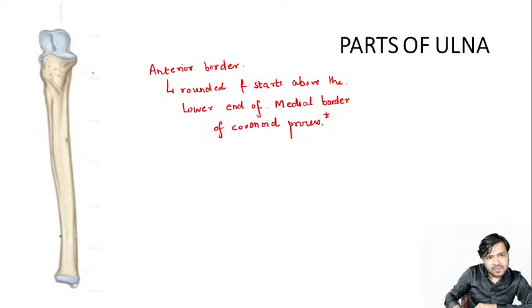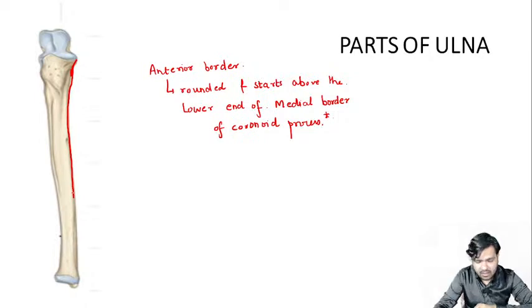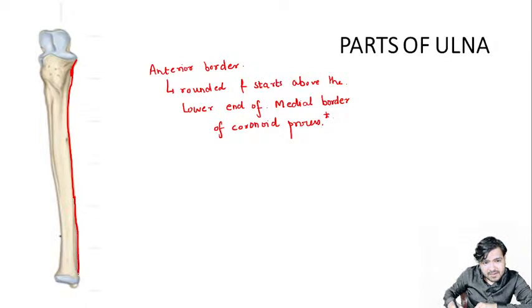Okay, so remember it is starting with the medial border of the coronoid process, and it is going just down like this. Okay. So yes, I'm waiting for your answers, everyone. And remember, this is something which will end below the base of the styloid process.